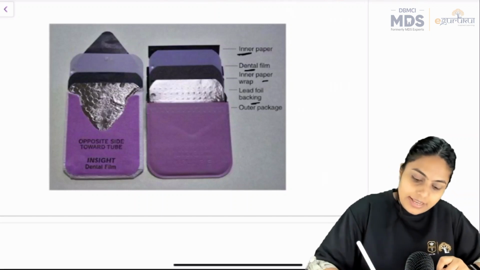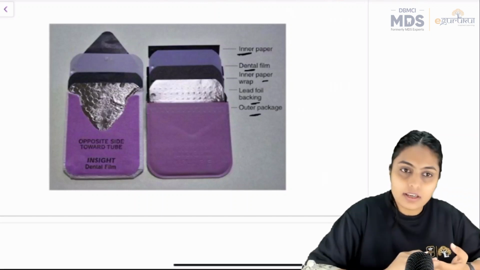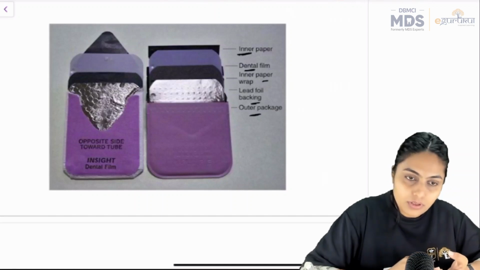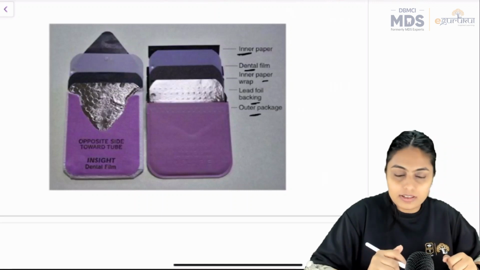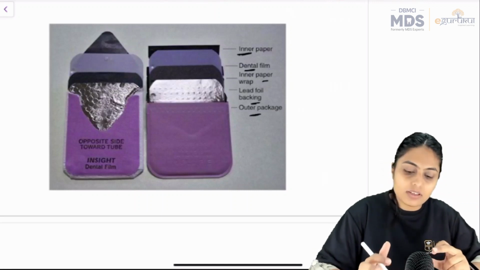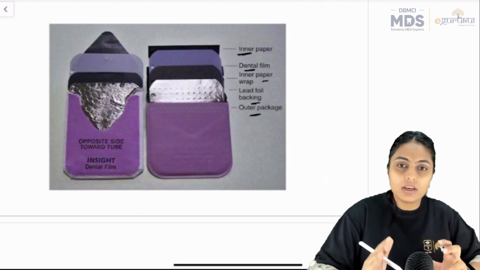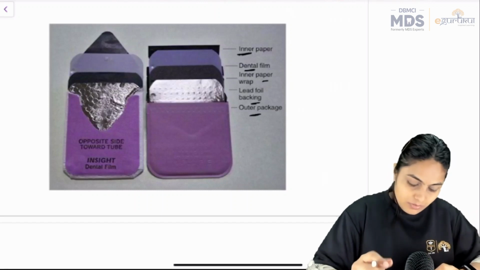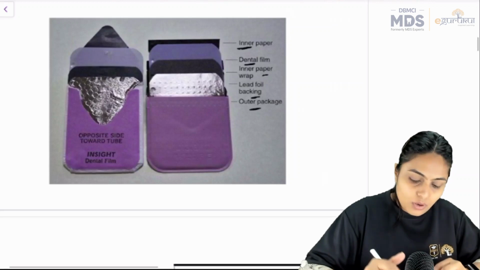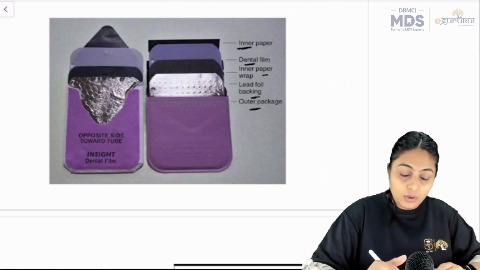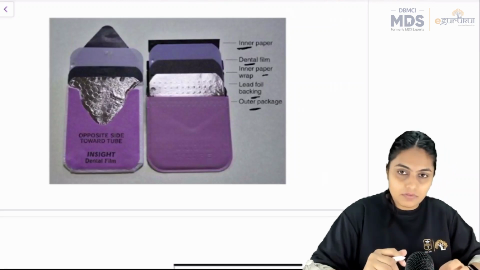Next is the outer package, which is plastic and waterproof. So these are the layers which you find inside this IOPA film, and the size is number 2, which we usually use. So this is the composition or packaging of the dental film.